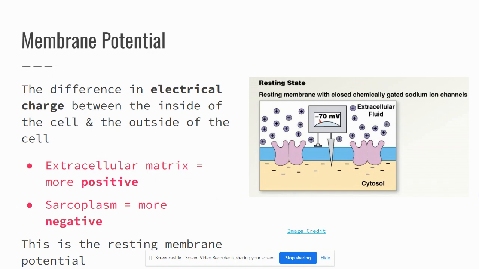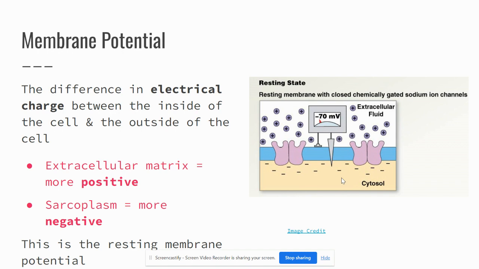Another thing of note that needs to be understood prior to diving in is membrane potential. That is the difference in electrical charge between the inside of the cell and the outside of the cell. In this case, we have our extracellular fluid or matrix, and then we have our sarcoplasm.